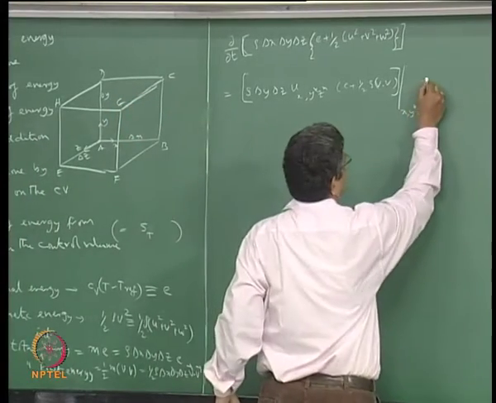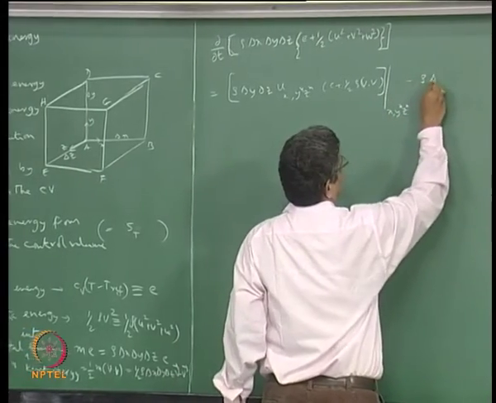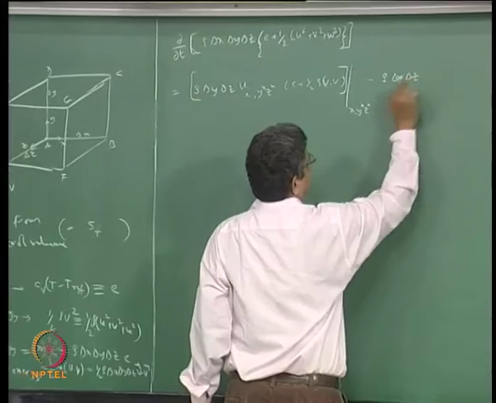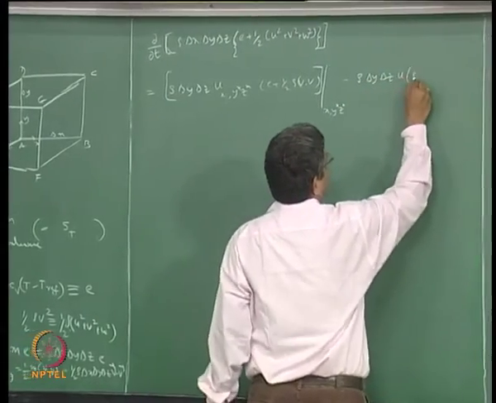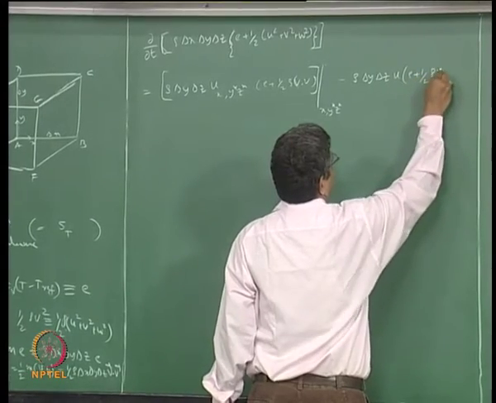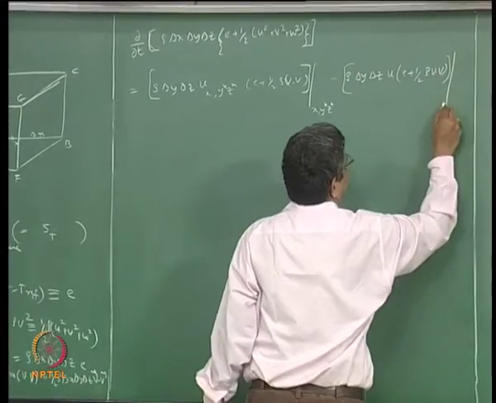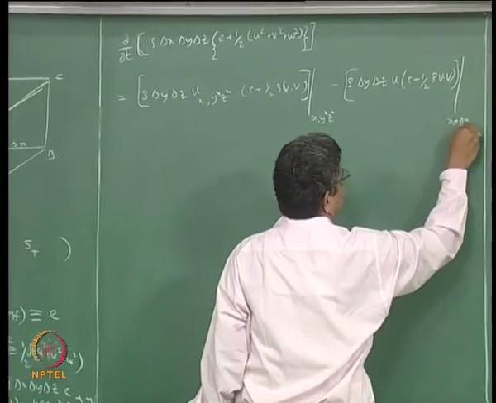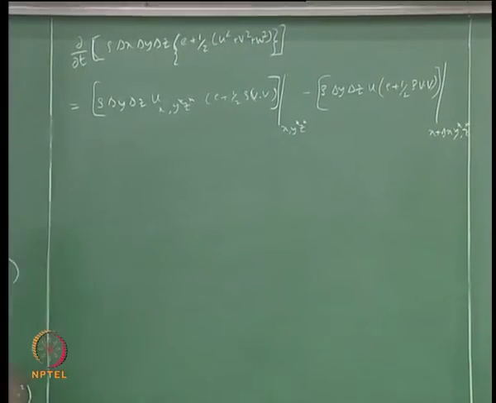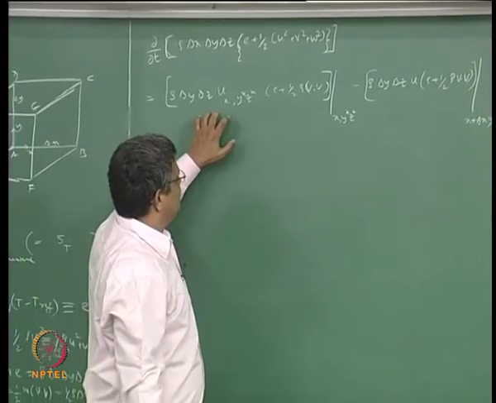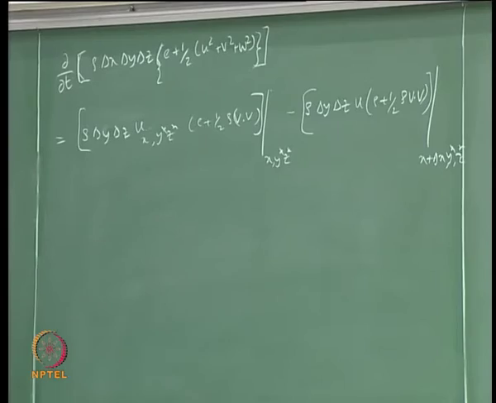So we can write that as minus, since it is leaving we put minus, rho times the cross sectional area delta y delta z times u times e plus half v dot v at x plus delta x, y star, z star. So this is what is going in through the left face and coming out through the right face.